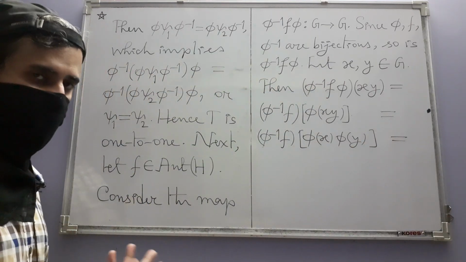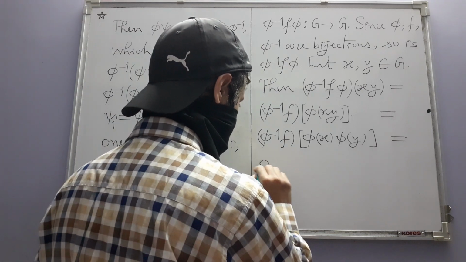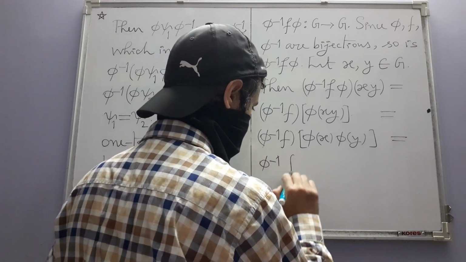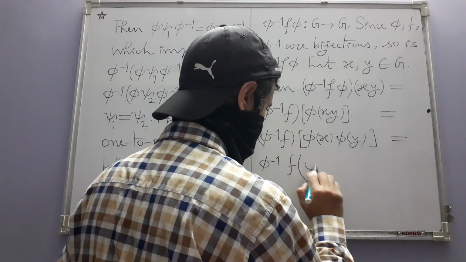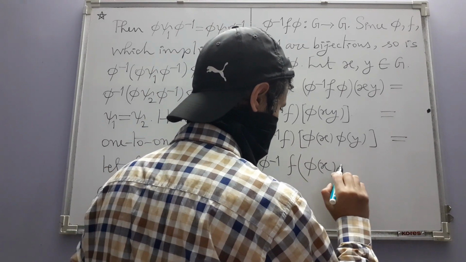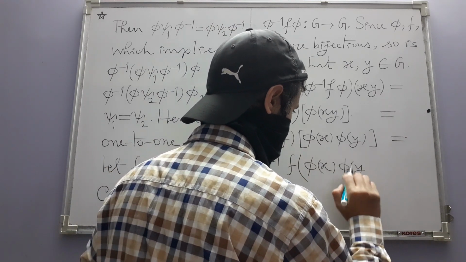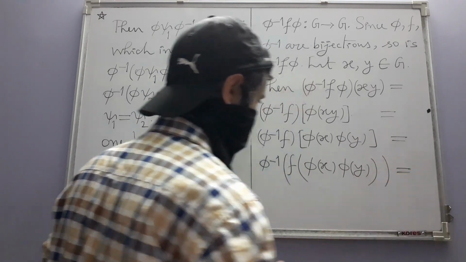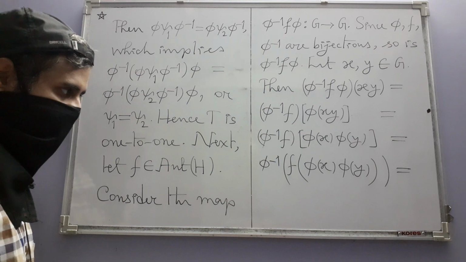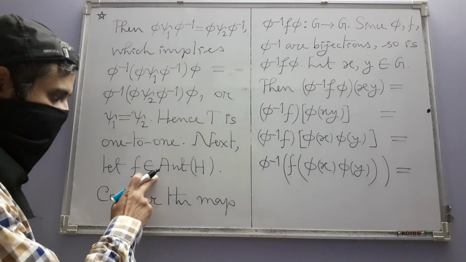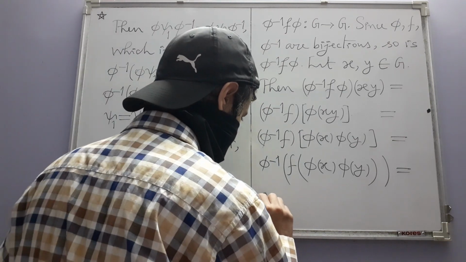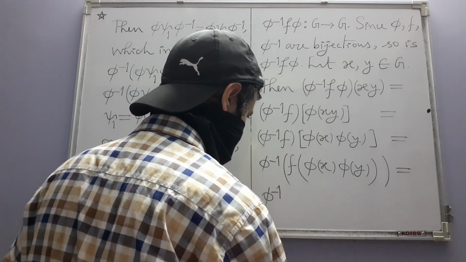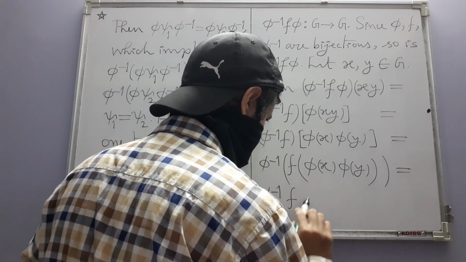But then on that we are going to apply f next. And just like phi, f is also an isomorphism. In fact, it's actually an automorphism. So it also respects our thing.